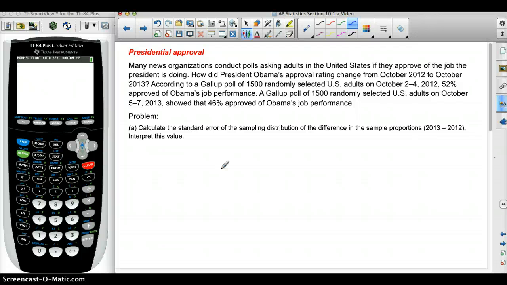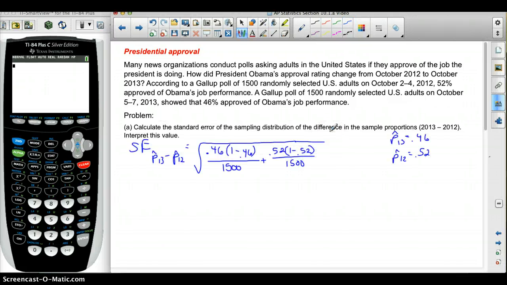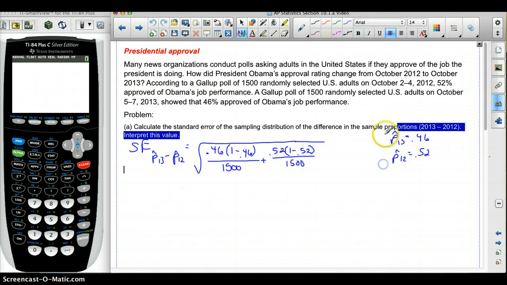So the first problem that we might have to do is to calculate the standard error of the sampling distribution of the difference in the sample proportions. We're going to do from 2013 to 2012, and then you also need to interpret this value. First thing you need to do is remember the standard error formula. When we pull out our two proportions from our samples, we have p hat of 2012 is 0.52 and p hat of 2013 is 0.46.